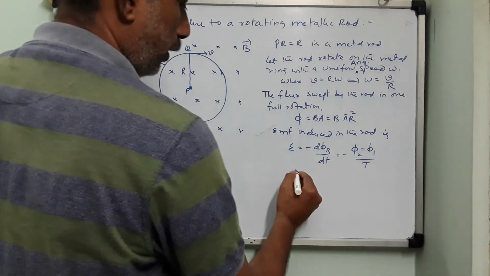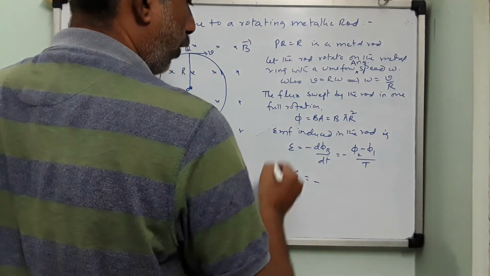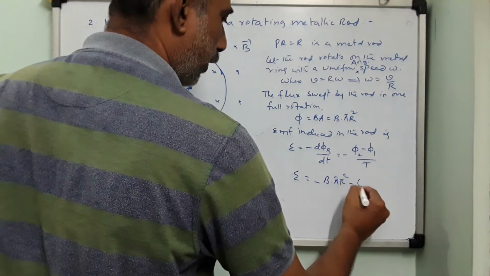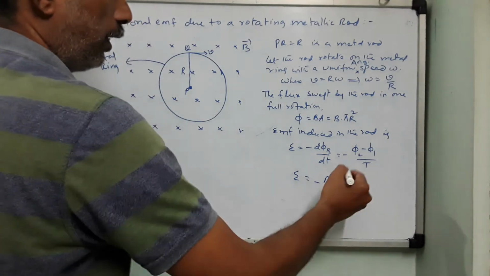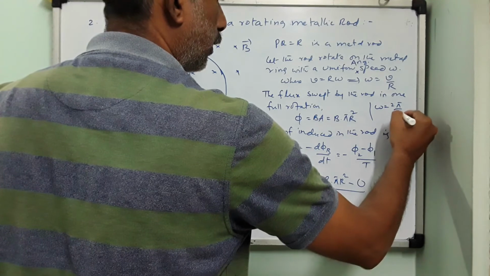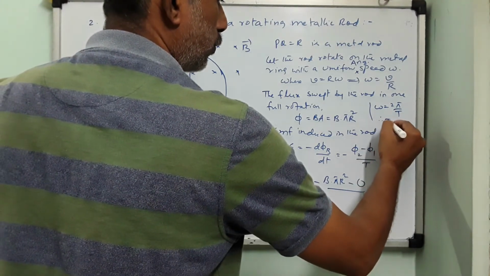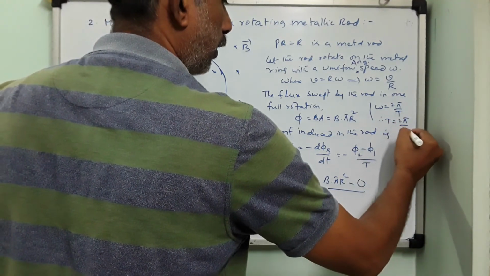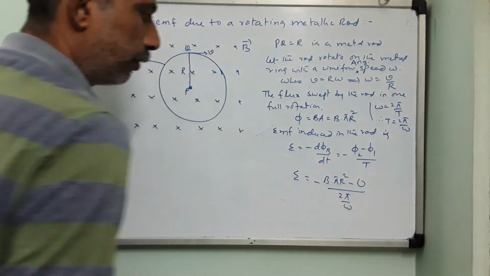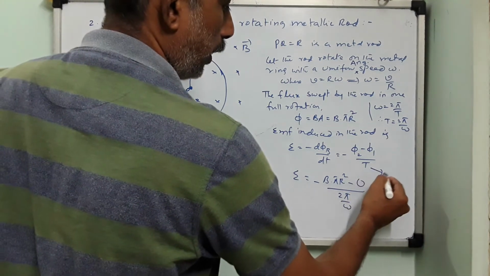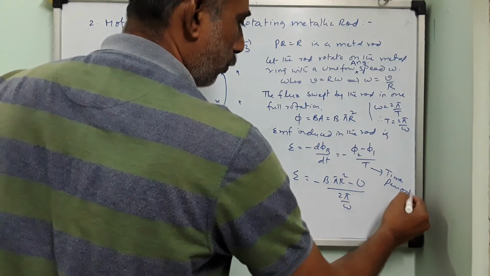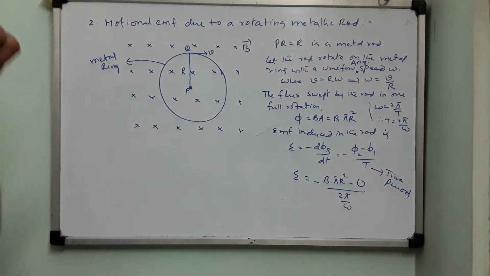So E equals minus phi 2, which is B into pi r square, minus phi 1, which is 0, divided by T, where omega equals 2 pi by T. Therefore, T equals 2 pi by omega. So one time period is 2 pi by omega. What is this T, children? This T is the time period, the time taken by the rod to complete one rotation on the ring.